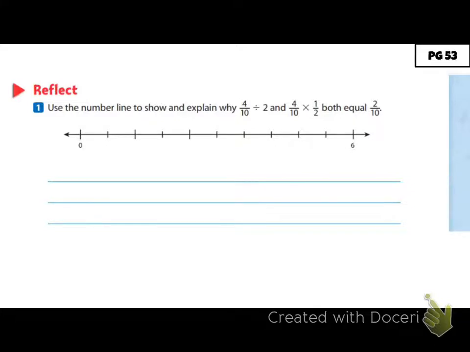So this is divided up into 10 equal parts. And from 0 to 6, but these all stand for tenths, so this would be 2/10, 4/10, so on and so forth. But all you need to know is this and this.